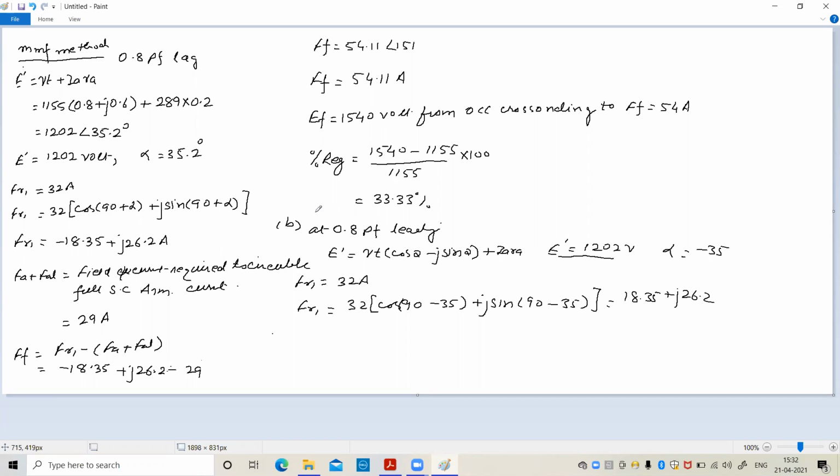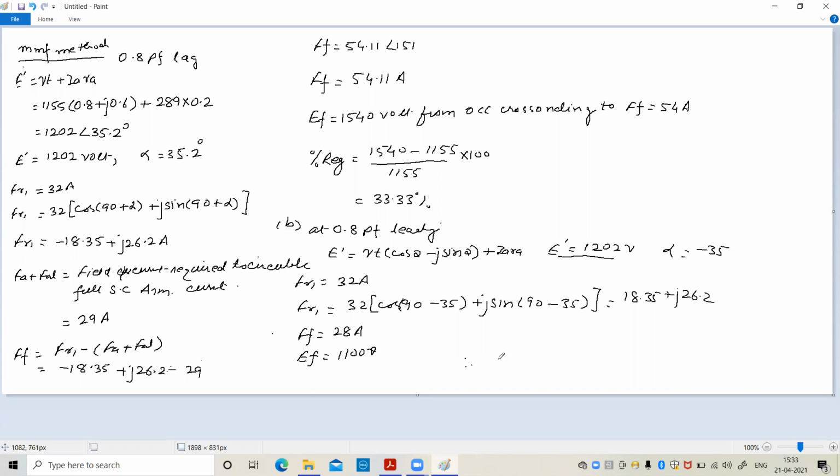Now FA plus FAL will remain same, and therefore the FF is found as 28 ampere, and hence the excitation EMF will be smaller, and it is found to be 1100.